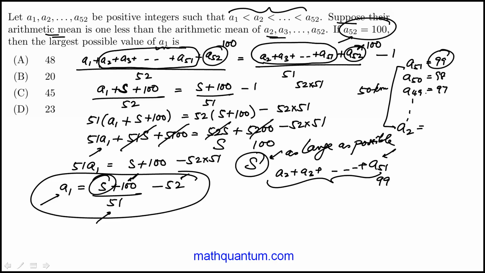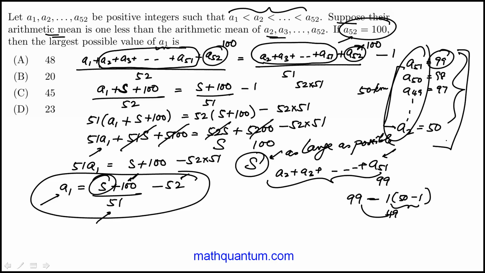If this is 99 going backward, the common difference is 1, and I'm looking for the 50th term. So 50 minus 1, 49. So that would be 50.